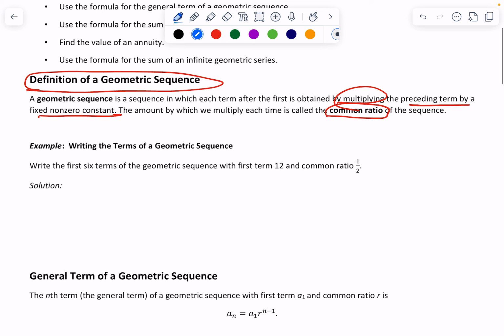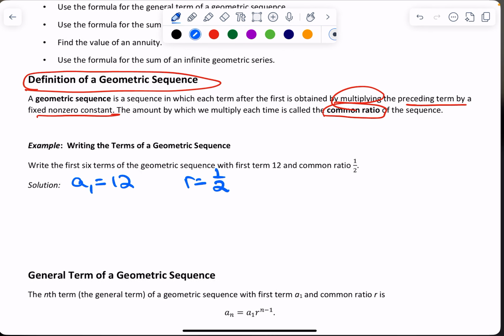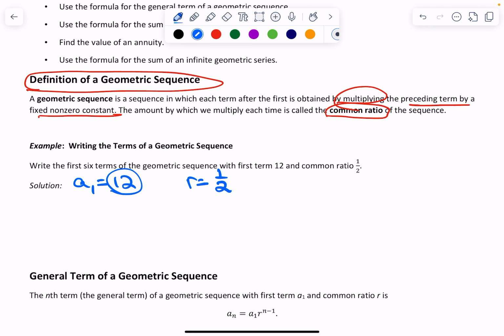Write the first 6 terms of a geometric sequence with first term being 12 and the common ratio is a half. Common ratio is written as r. So our first term, we know that that's 12. Well, the second term is going to be half times our first term because our common ratio is a half.